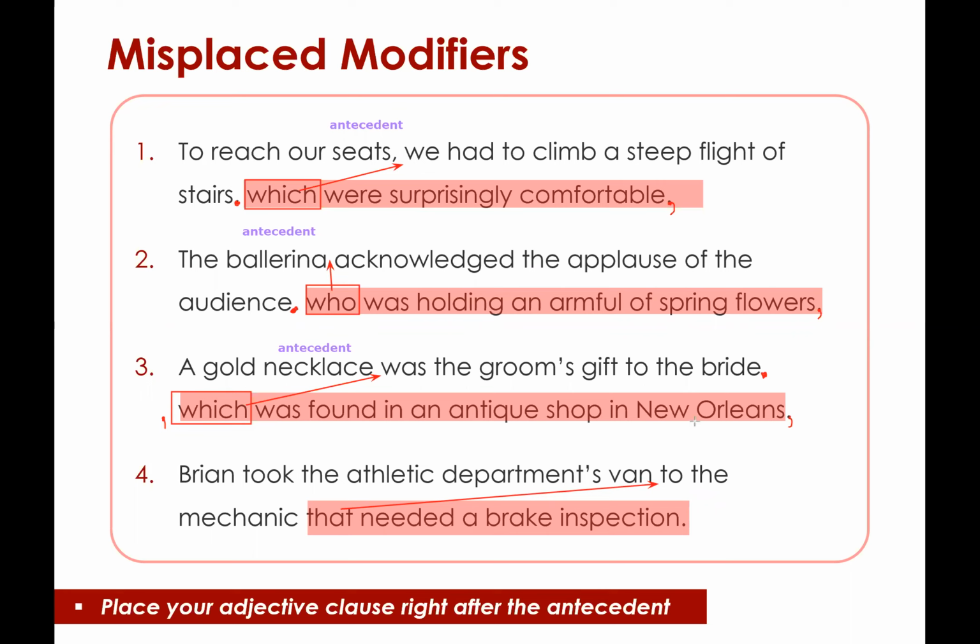So again, remember, which is always non-essential and that is always essential. Okay, so we know that the most important rule for a modifier is that you want to place it as close to the antecedent as possible. And this is particularly true for adjective clauses, okay? So it can only come after the antecedent, nowhere else.